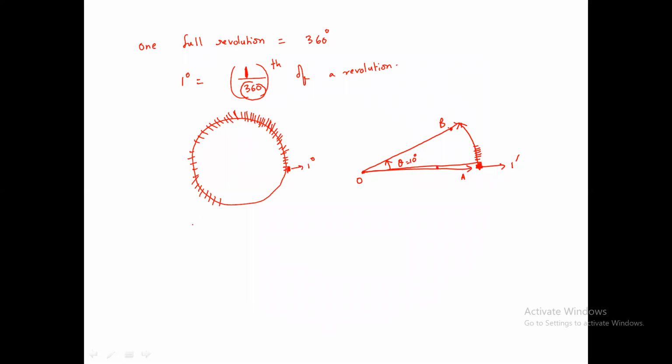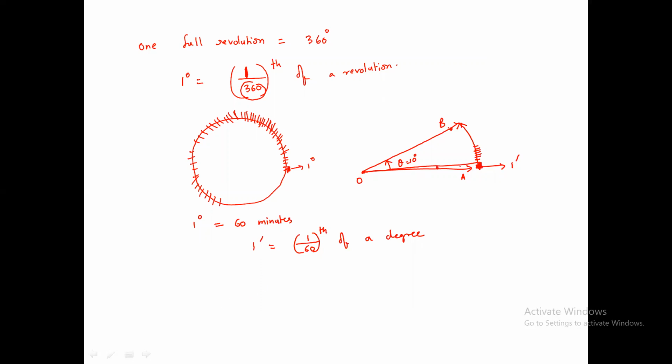So 1 degree is divided into 60 minutes, 60 parts. And 1 minute will be, out of these 60 parts, if you take one part, 1 by 60th of a degree, that is 1 minute.